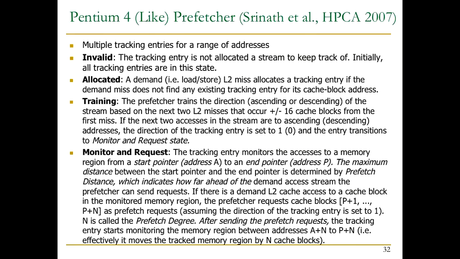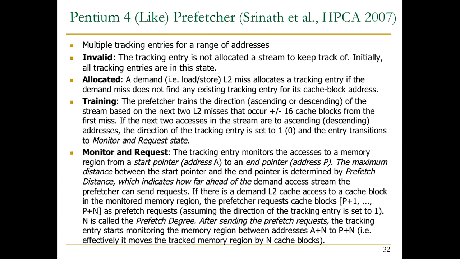If there's a demand L2 cache access to a cache block in the monitored region, the prefetcher requests cache blocks P plus 1, P plus 2, up to P plus N from the end pointer, assuming you're going up, right? If you're going down, of course, it's P minus 1, P minus 2, up to P minus N. N is called the prefetch degree, how many prefetches you send. And after sending the prefetch requests, you move the window region.